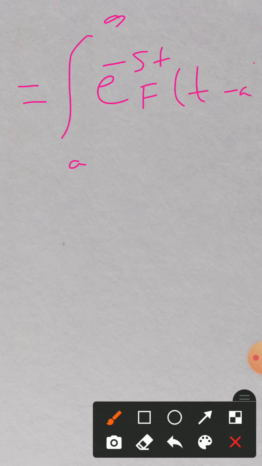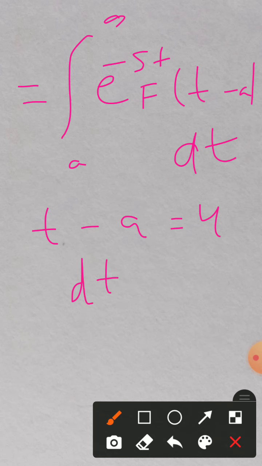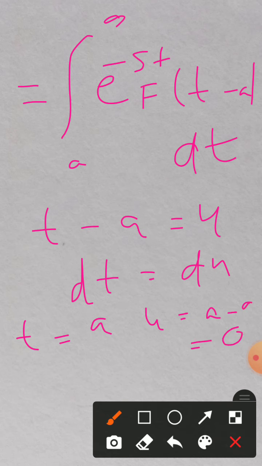So the first term is 0 and the second term is the integral from a to infinite of e raised to power minus st f(t minus a) dt. Now let us put t minus a is equal to u. That's why dt will be equal to du. It is clear. When t is equal to a, the value of u will be a minus a is equal to 0.